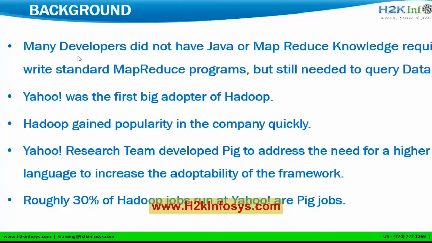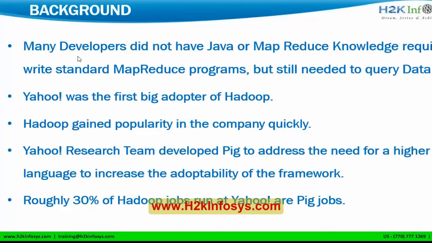At Yahoo, the research team developed Pig to address the need for a higher level language to increase the adoption of the framework. If you take MapReduce, first of all I have to know the model and then the framework. Once I understand the model and framework, I have to understand the programming concepts of Java, or if not Java, any programming language like C or C++.